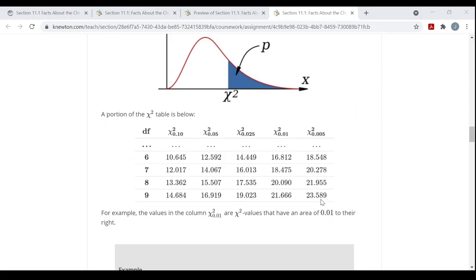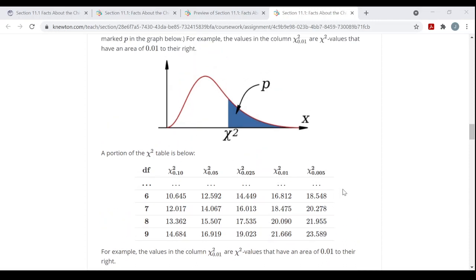And then, when you see the chi-squared tables, there are going to be some problems where you have chi-squared tables. All the numbers on the tables are values that have a certain area to the right. So when you're seeing tables like this, these are critical values.